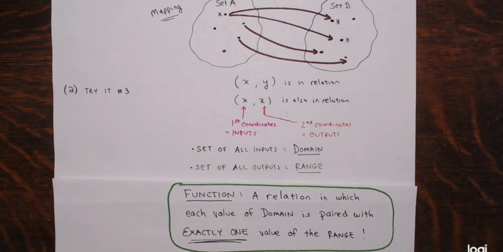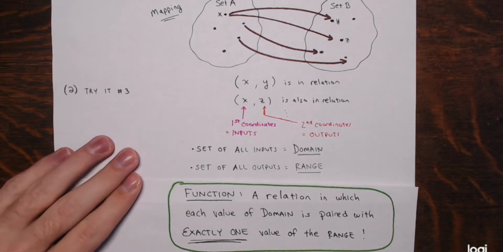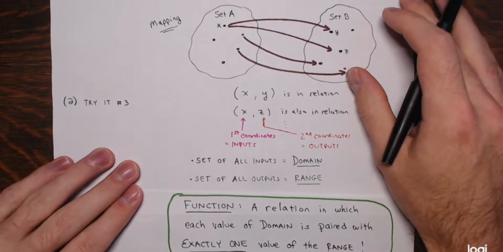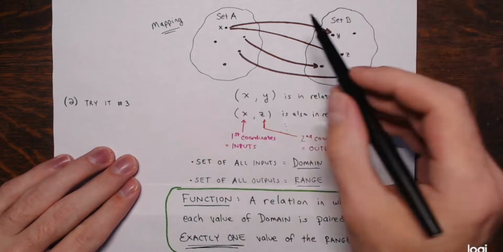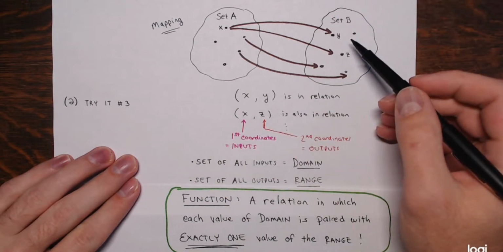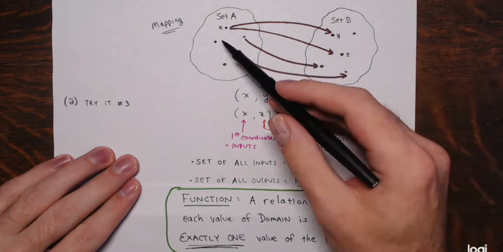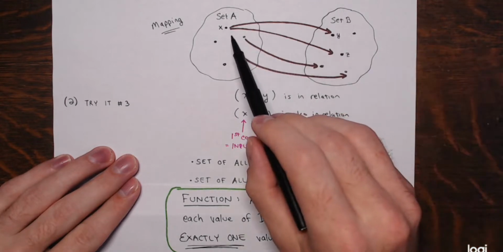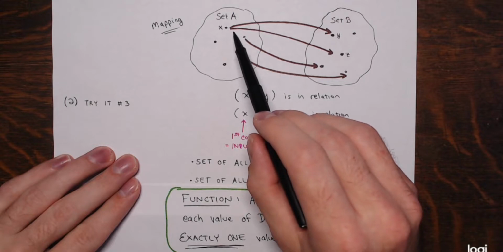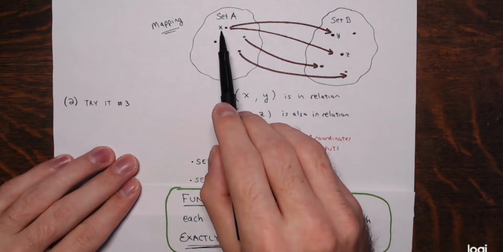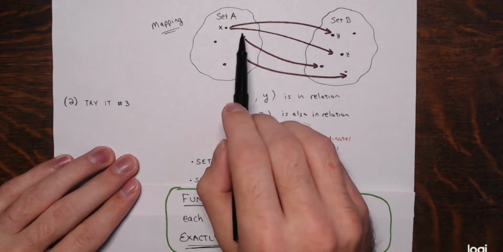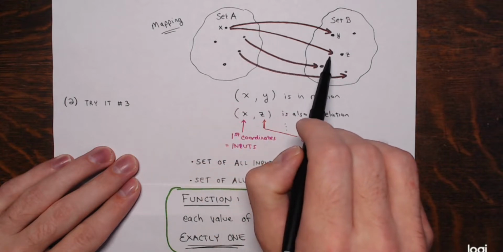So if you look back at my picture up here, where set A was the domain and set B was the range, I had the range elements, inputs, outputs, and there were these pairings. You see that this would not be a function, because there's this element from the domain that maps to more than one element of the range.